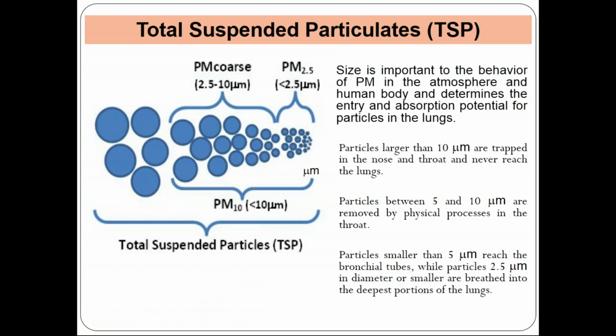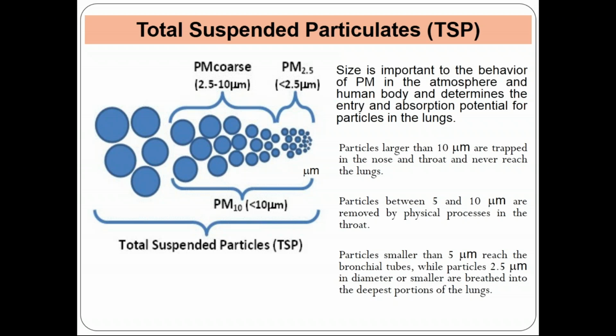Total suspended particles include PM1, PM2.5, PM10, and more than that. When we consider dust, it has all types of suspended particles. But in the case of respirable suspended particulate matter, RSPM, we have to consider PM10 only.